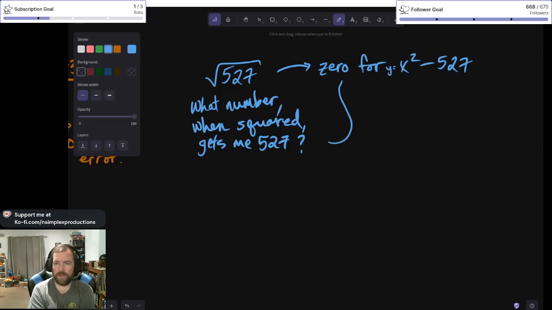So here we convert this into the zero for the function x squared minus 527. The closer we get to 527 as our x squared value, the closer to 0 our y value becomes, until we get an exact value.